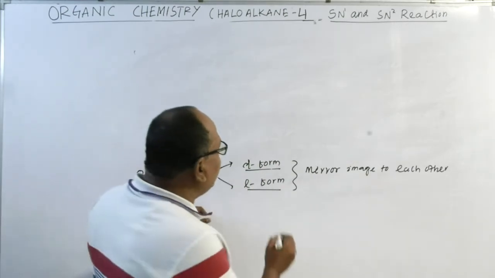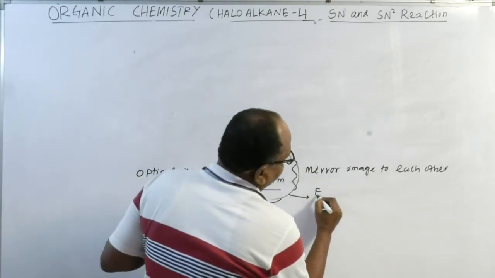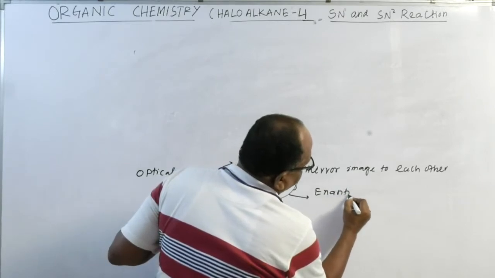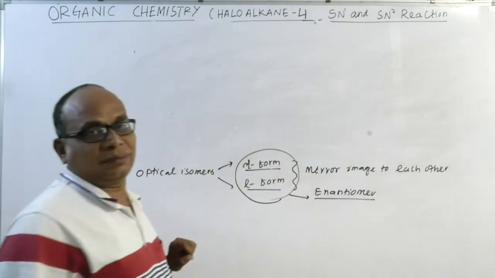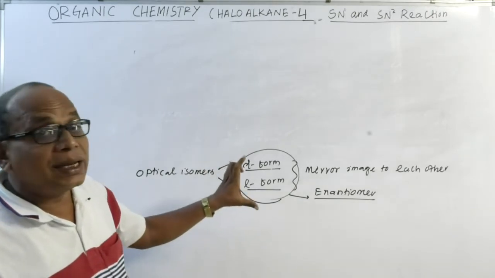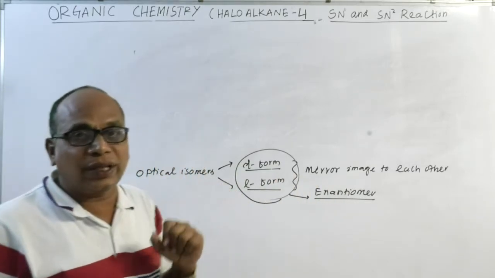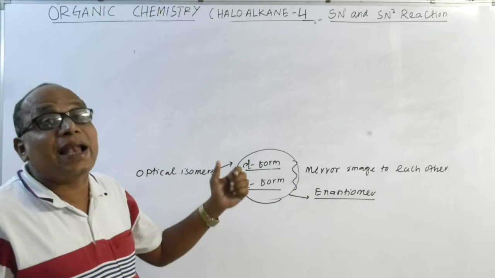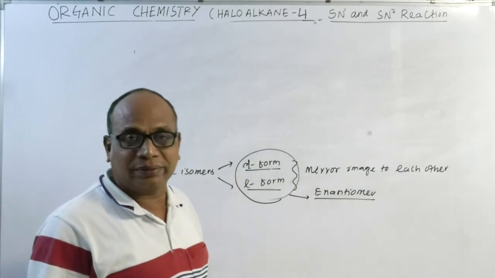That's why these two forms are known as enantiomers. Known as what? Enantiomers. Enantiomers means these are the two forms which are image and object to each other and related to each other, then they are said to be enantiomers.